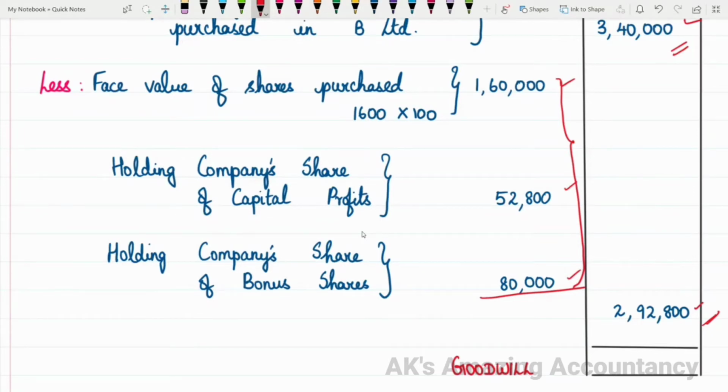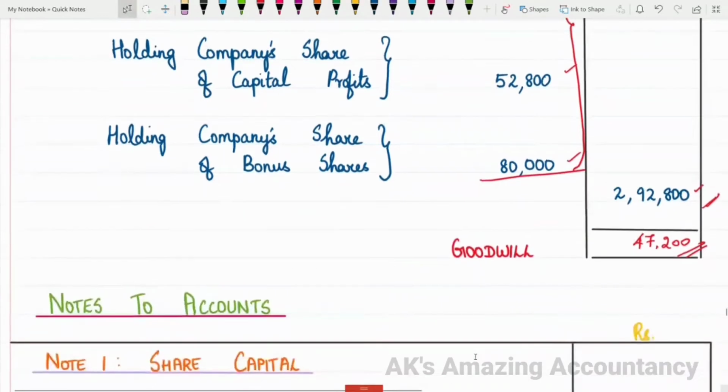You just calculate and see. So this 47,200 will be called goodwill. Goodwill is 47,200. So the calculation of goodwill is also over with this.